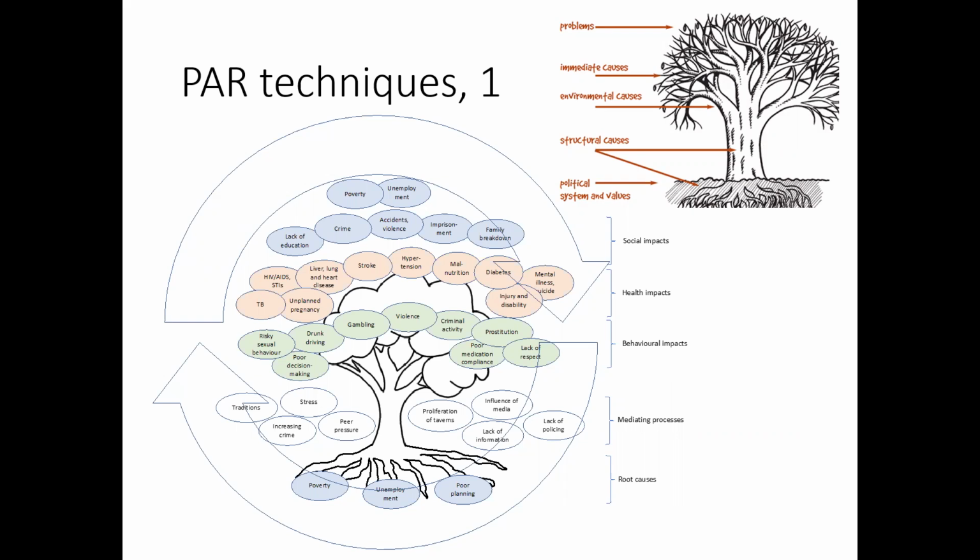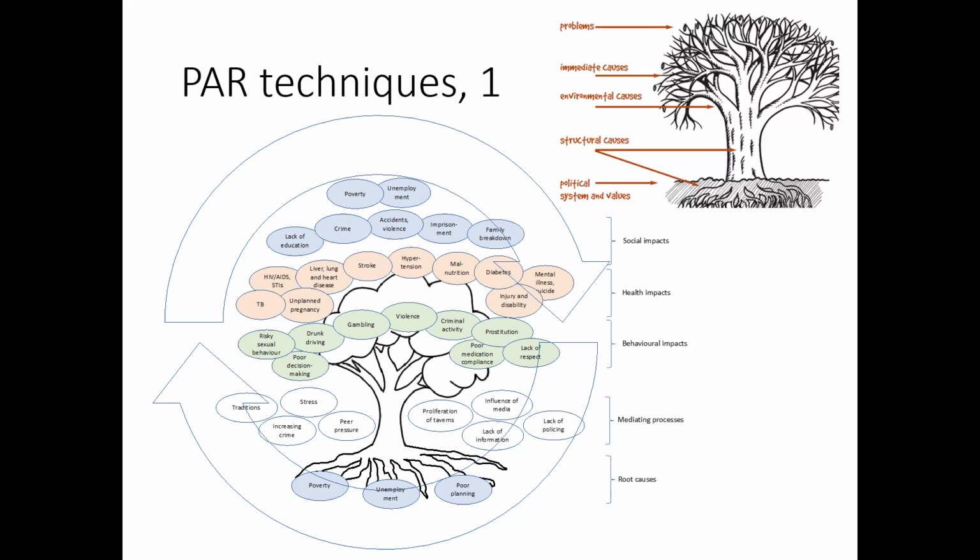And then on the branches, we have environmental causes, and this includes behavioral impacts. Some of the examples that were shared are drunk driving, gambling, violence, criminal activity, prostitution, and lack of respect. And a lot of examples were listed also here. And we have health impacts, under immediate causes.